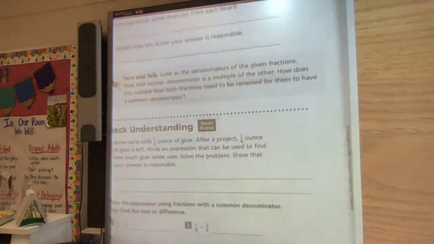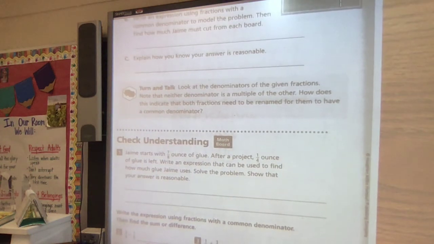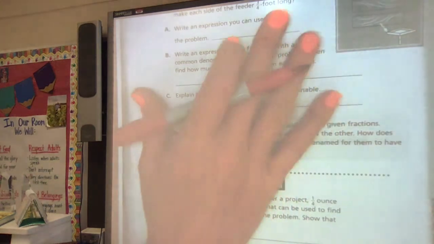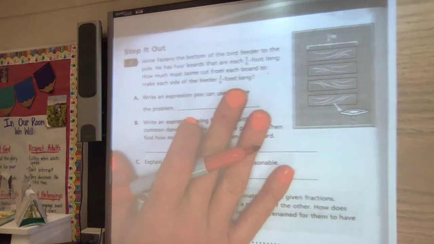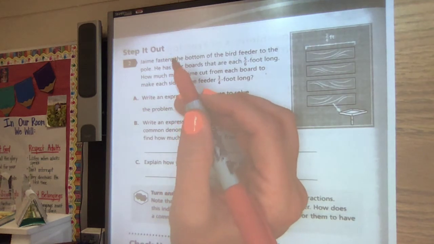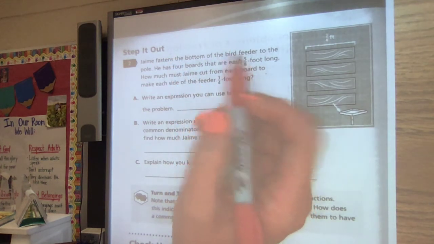Okay, let's keep on rolling. I'm so sorry, that was page 153. Okay, let's look at page 154. We're still using our bird feeder. Jamie fastens the bottom of the bird feeder to the pole.